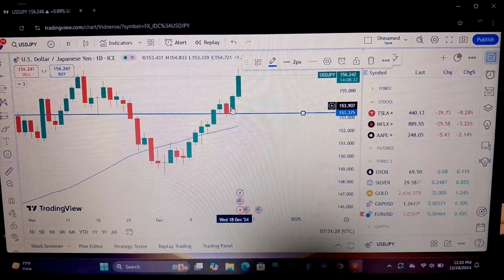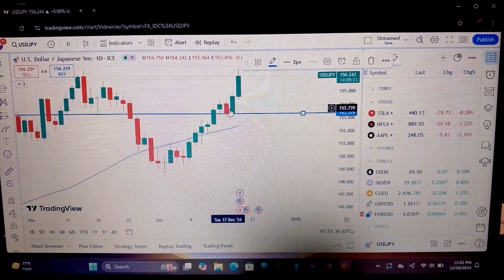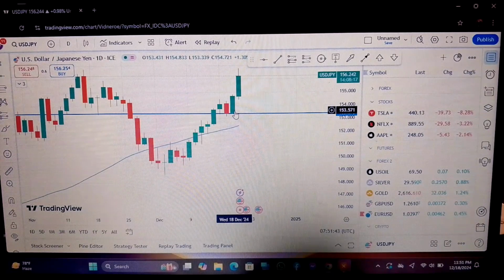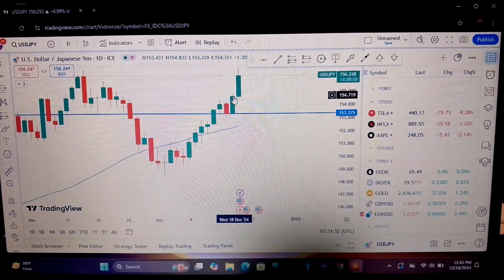After it formed, it gave us a bullish engulfing candle off of this particular one. That is what made me say, okay, all of these time frames are bullish, so all I needed to do was to buy from here and put my stop loss here.